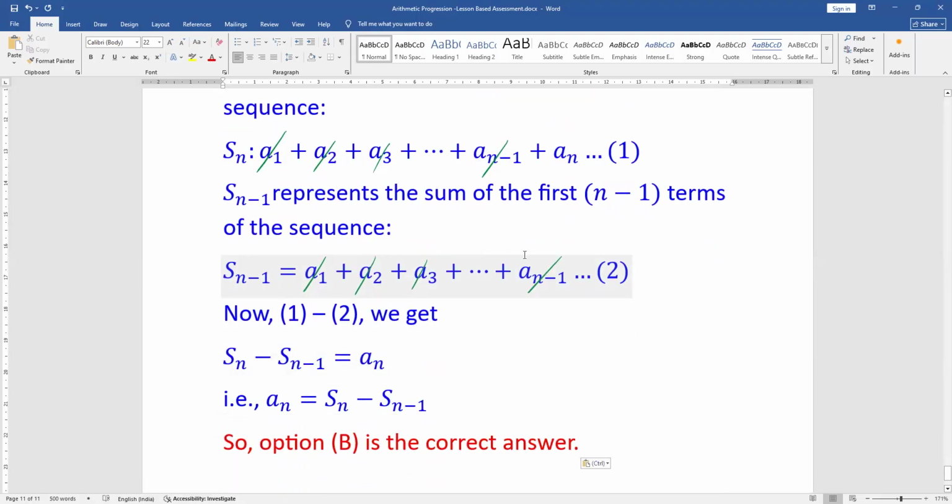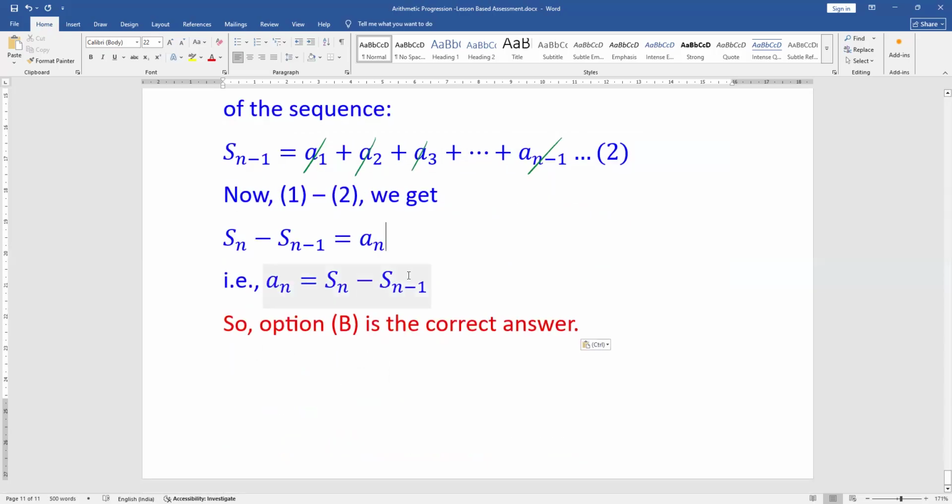Then we do the subtraction. Once we do the subtraction, all these A1, A2, A3 and so on get cancelled, leaving behind only An on the right hand side. On the left hand side, you have Sn minus Sn minus 1. Then An equals Sn minus Sn minus 1. So option B is the correct answer.